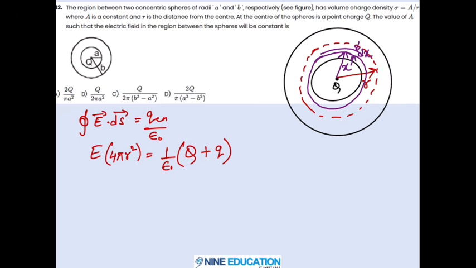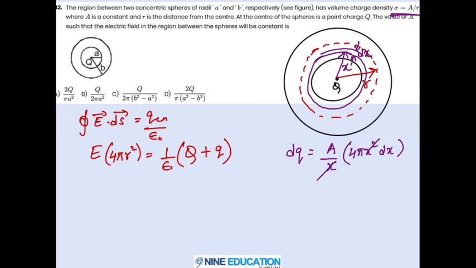So what is the charge in that thin shell? So dq is equal to volume charge density at that thin shell, which is A by X. Actually it is A by R, but R is equal to X for that thin shell into volume of that thin shell. Volume of that thin shell is surface area into thickness. Surface area is 4 pi x square into thickness dx.